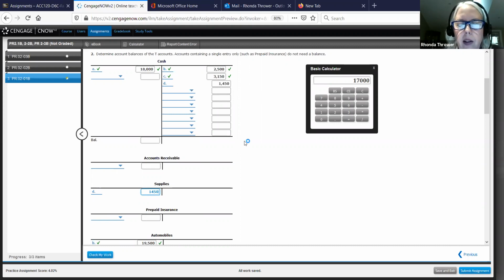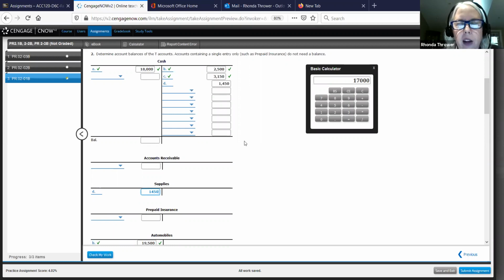So I want you to write this down, class. All transactions have to have at least two accounts involved. All transactions have to have at least one debit and one credit. And for all transactions, the total debits must equal the total credits.